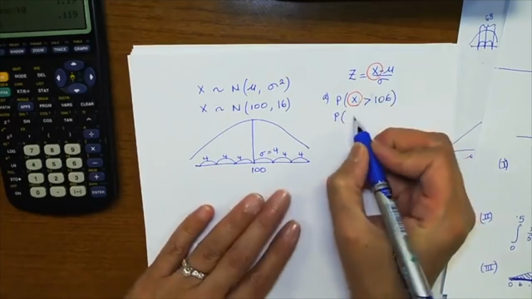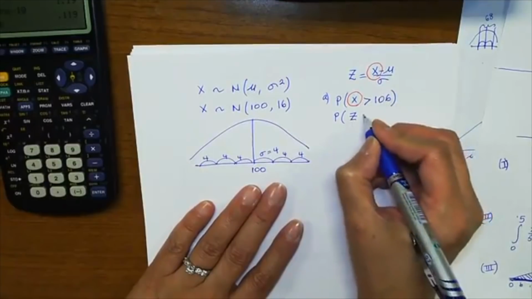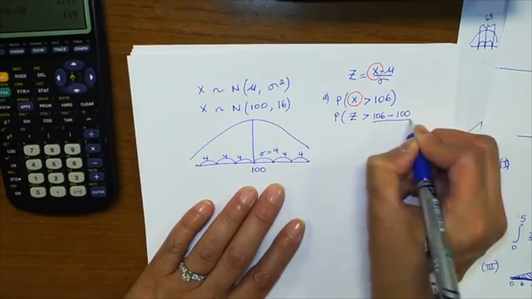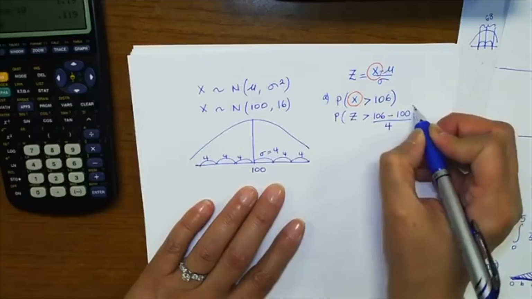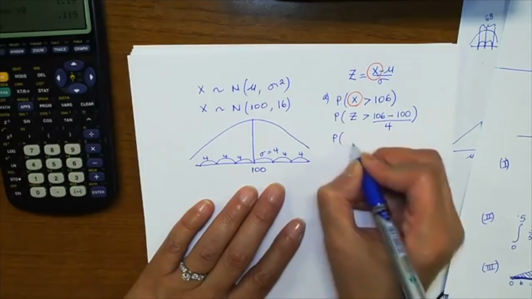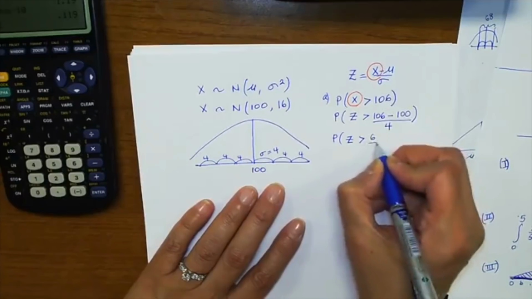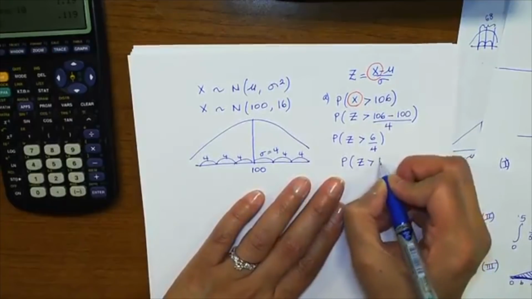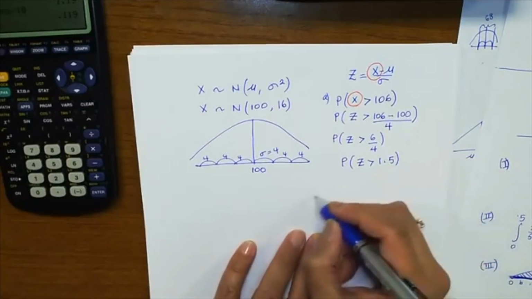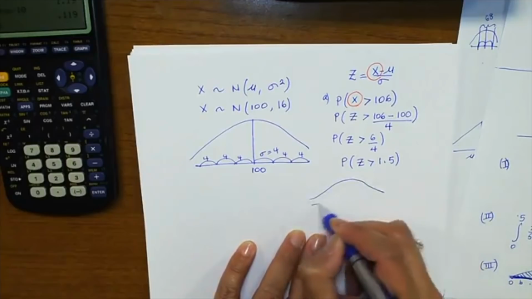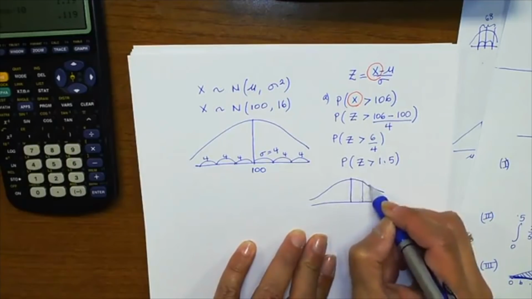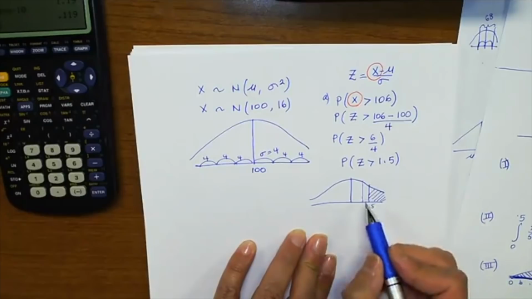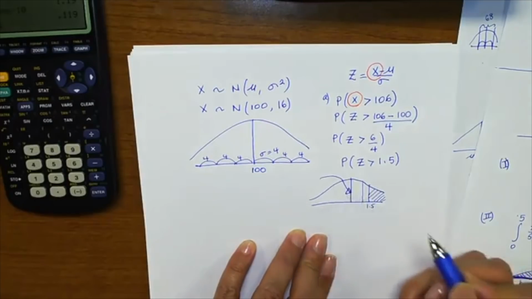So this is the probability z greater than 106 minus the mean over sigma 4, so probability z greater than 6 over 4, probability z greater than 1.5. So we go to 1.5 on the z. I'm interested in this area, but the table will give me this.